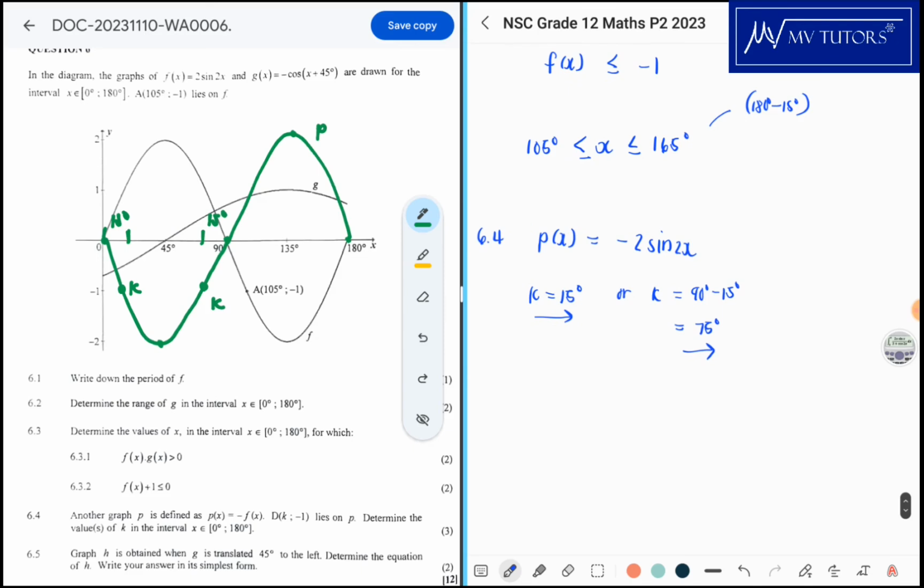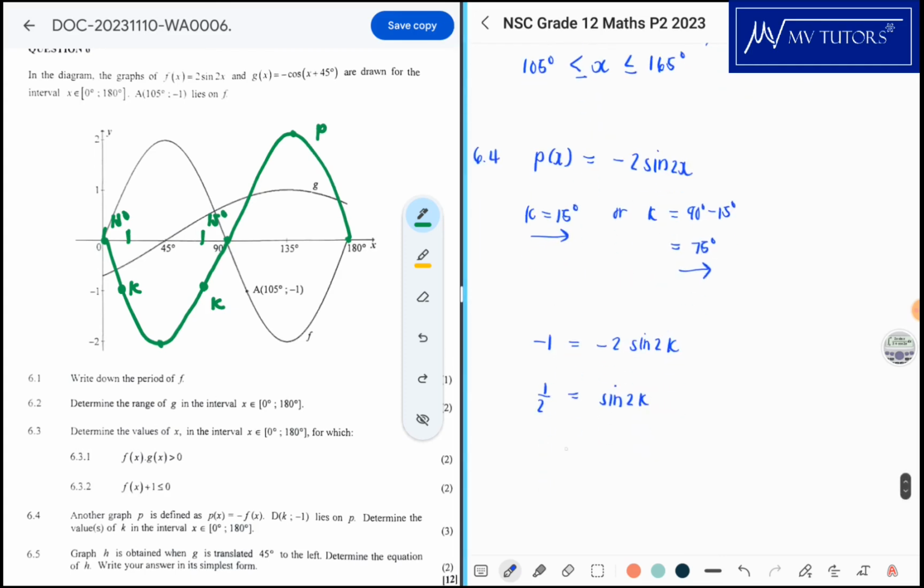So you have D, so you have K, -1, and you have -2 sine 2k. Basically you'd be solving it. So you'd have a half is equal to sine 2k.